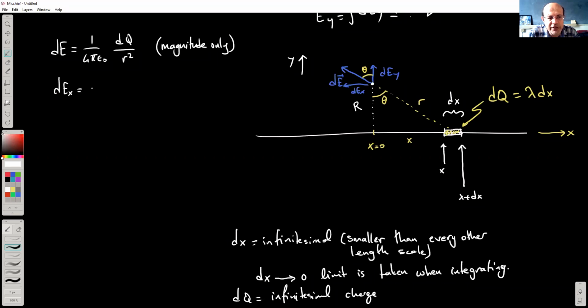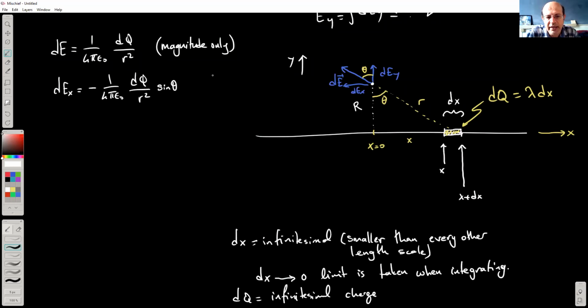So the x component is minus 1 over 4 pi epsilon 0 dq over r squared times sine of theta. Why did I put a minus sign? This is basically minus sine theta, the x component of the radial unit vector, right?